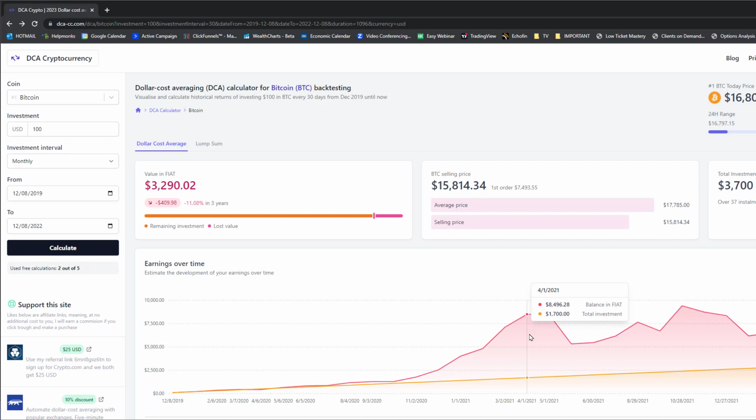The balance in fiat, that means how many dollars in this case, we're using US dollars, you have in Bitcoin: 8,496 and 28 cents. Pretty good. But we only invested $1,700. That's a tremendous return. So we're liking it.